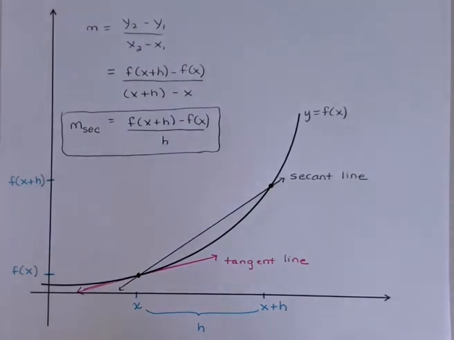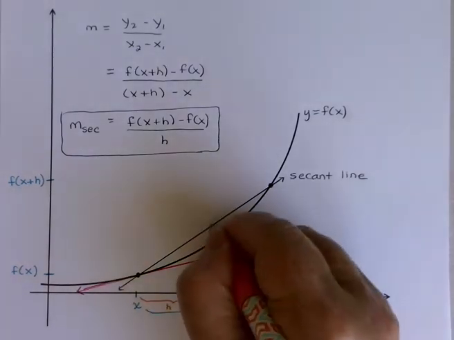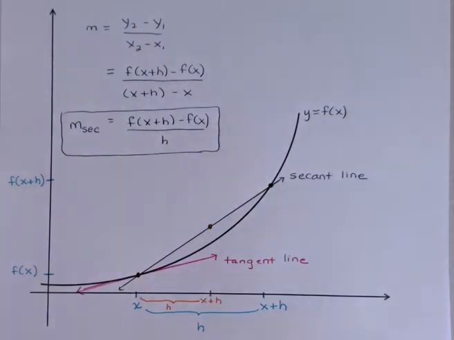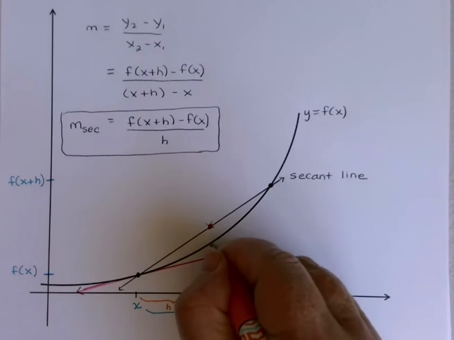So if I make my h value smaller, let's do a new x plus h, maybe here. So I got a littler h this time. My new point on the curve is right here.